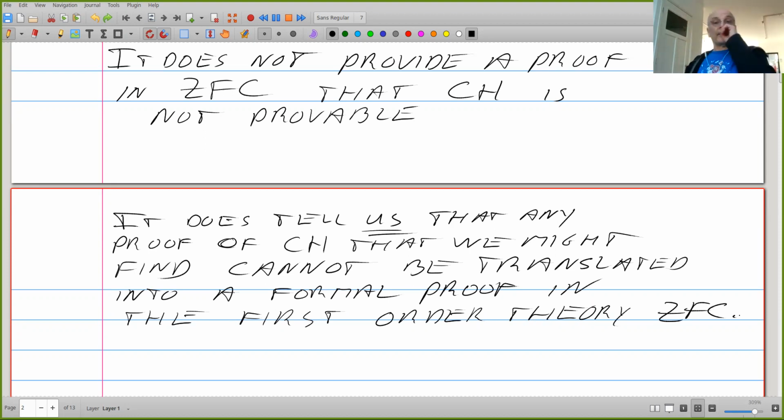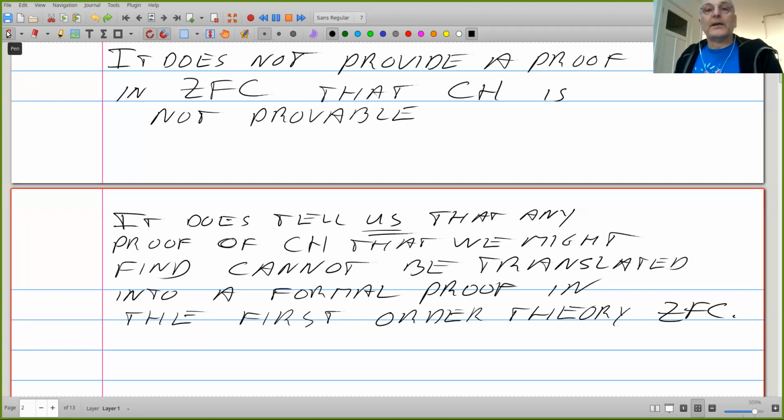We have our first order theory ZFC. It does tell us that we might decide that CH is true for some reason, but then that would need extra assumptions beyond ZFC.